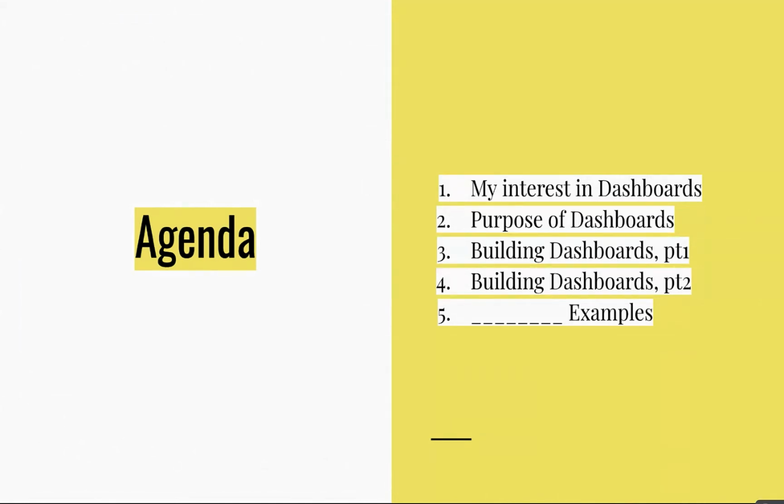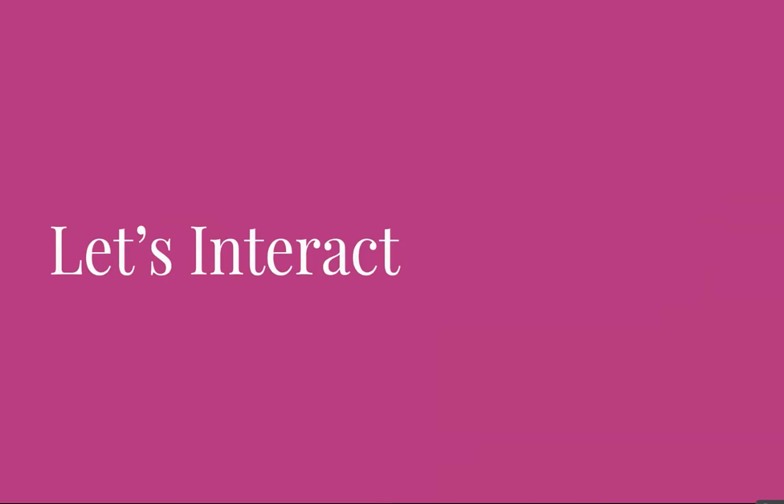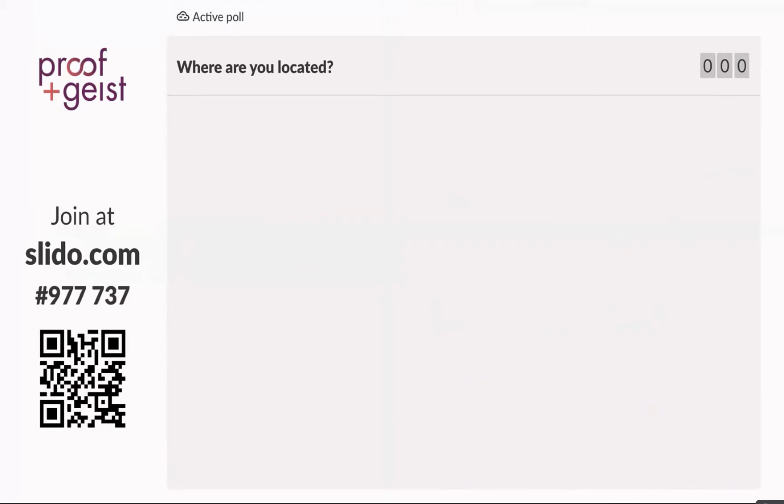We're all in different places, but I would like us to interact. We're going to try to do some interaction today, and I'm experimenting with a piece of software. What I would love for you to do is grab your phone and scan that QR code, or click on the link that I just passed to you through the Google Messages, or type in slido.com and then type in that code.